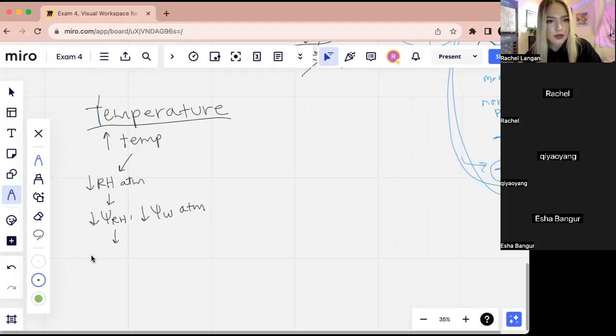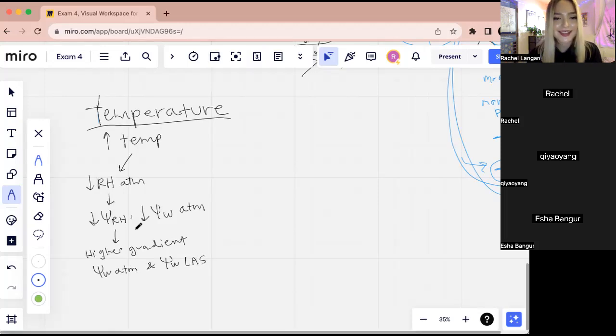So then it would be a higher gradient between the water potential of the atmosphere and the water potential of the leaf air space, LAS.